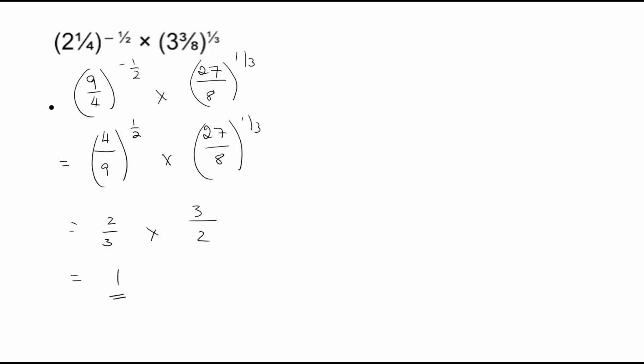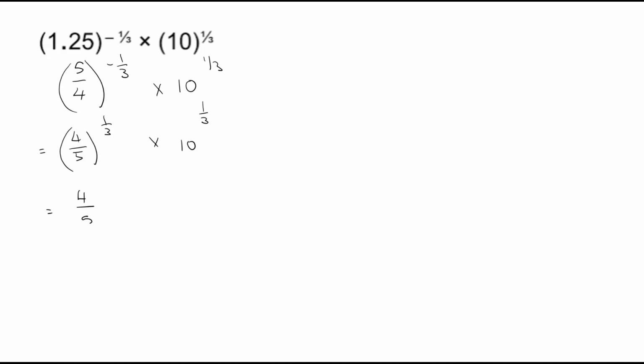Second question, again, has a negative power in it and a decimal, so we need to change that to a fraction before we can do anything. So what do we do? We need to flip that. Now, not much we can do with the first term, but we can do something with the second one. We can rewrite it as 5 to the third times 2 to the third.